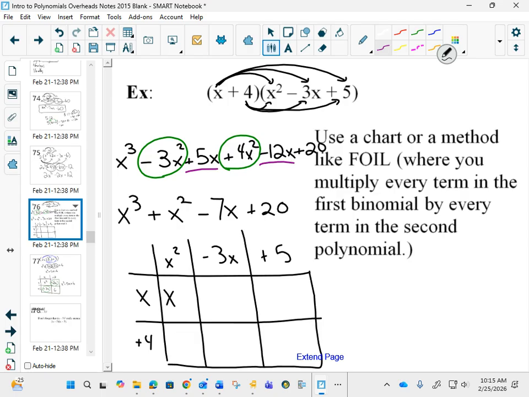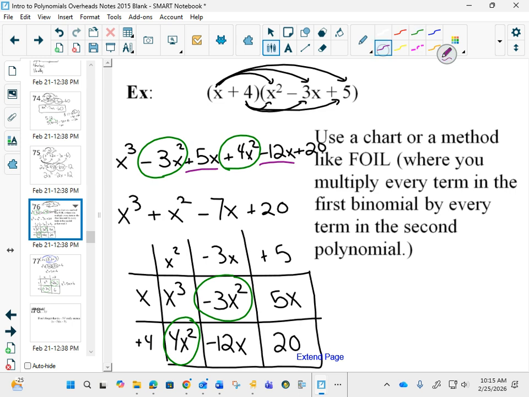Look, x times x squared, x cubed. X times minus 3, minus 3x squared. X times 5, 5x. 4 times x squared, 4x squared. 4 times negative 3, negative 12x. And 4 times 5, plus 20. Check it out. I'll circle the green ones. You see that they're exactly the same as the green ones that were circled there.